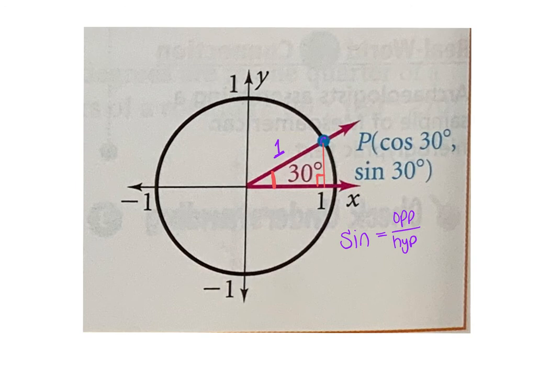Now let's talk about this point on my unit circle. This point is (x, y), correct? That's how we always do points. What is the height of that point?